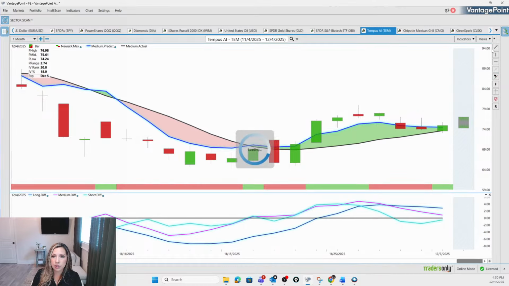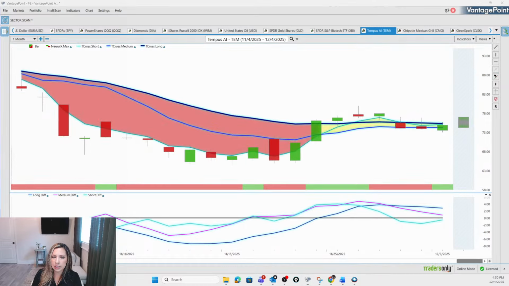All right. So just a little extra on this. If we get price action to cross above the T-cross long, and we actually have 2 consecutive closes above that T-cross long, that is going to signify the shift into a stronger bullish expectation. All right, so that hasn't happened just yet.